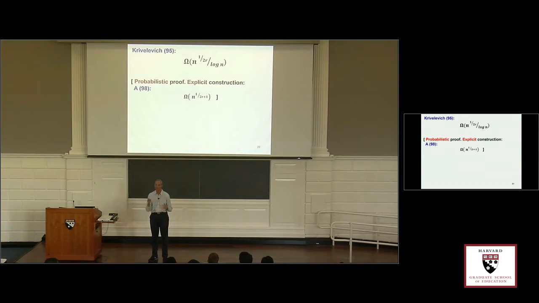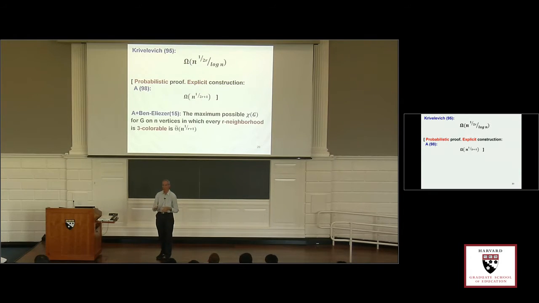This is probabilistic, and then there is an explicit construction that comes close to that, but is a little bit worse, so it's n to the 1 over 2r plus 1. But you see that the exponent is different from the exponent in the upper bound.